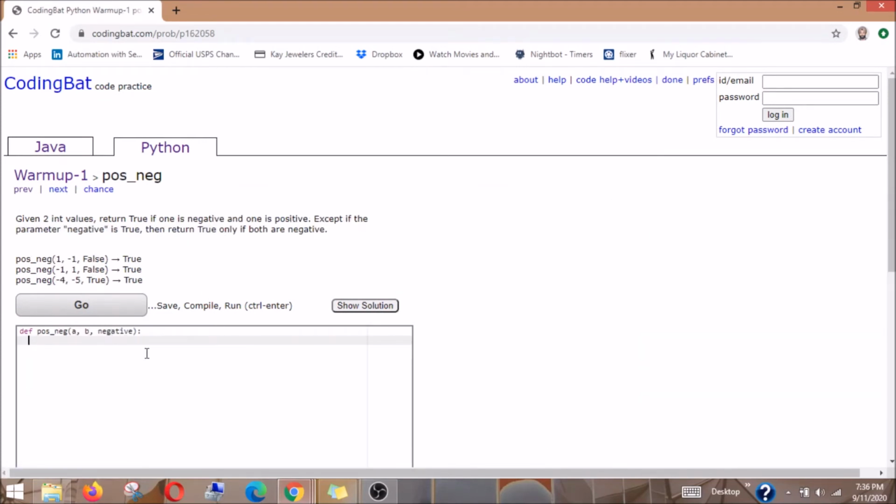So given two integer values, return true if one is negative and one is positive, except if the parameter negative is true, then return true only if both are negative. Oh, okay. So basically if negative is true, right, and a is less than 0 and b is less than 0, return true.